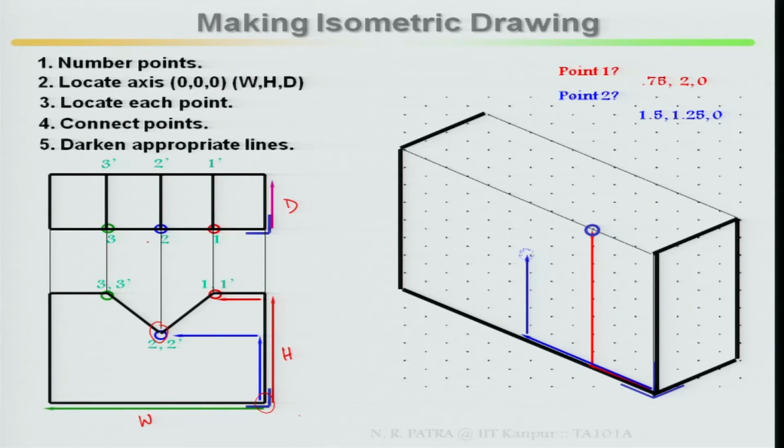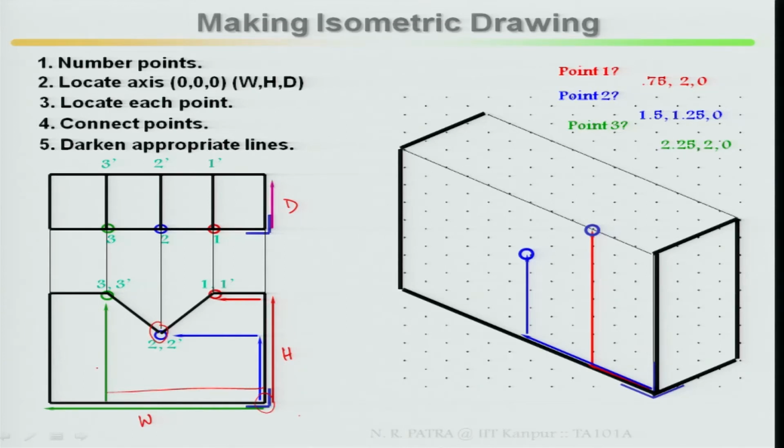Similarly point 3. Point 3 is 2.25, 2 and 0. 2.25 is the distance from here to here in the width direction, because this is my axis 0, 0, 0.